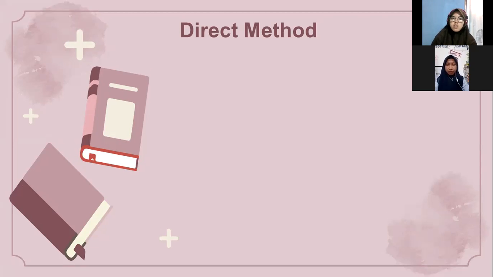Different from the grammar translation method, this method has a goal, which is to learn how to communicate in another language communicatively. While the grammar translation method can use translation in the teaching process, the direct method doesn't allow any translation to be used, but the teachers will convey directly the meaning of a new target language word through gestures or body language or other ways rather than using the students' native language.